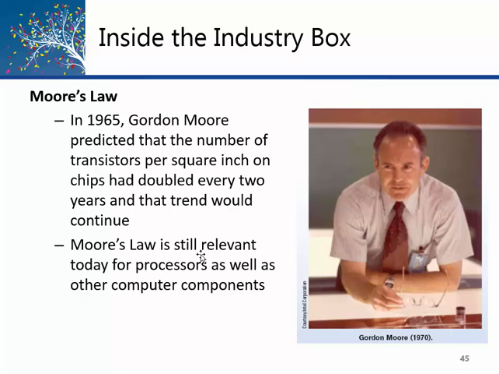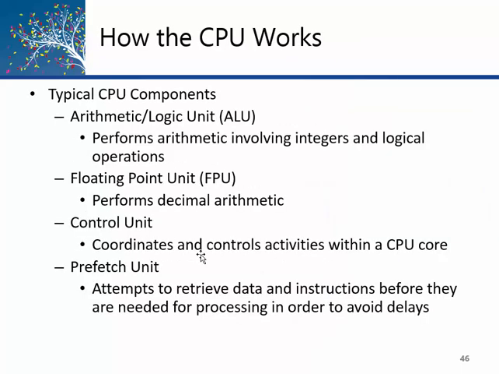So that has had a big impact, and today's CPUs are significantly more powerful than what we had in the 60s and the 70s and even in the 50s when they were doing our early computers. On a single CPU, we have a number of components. The most important are the ALU and the FPU. The ALU is for arithmetic logic.